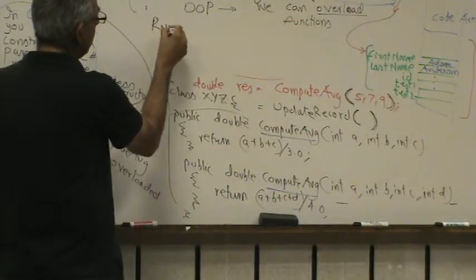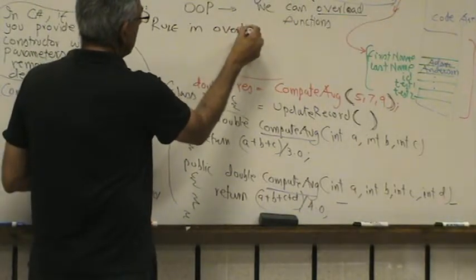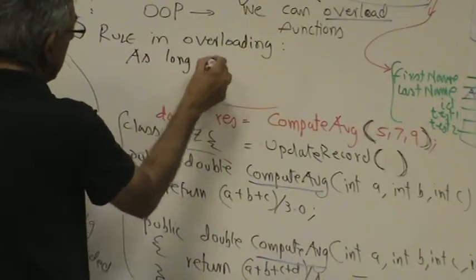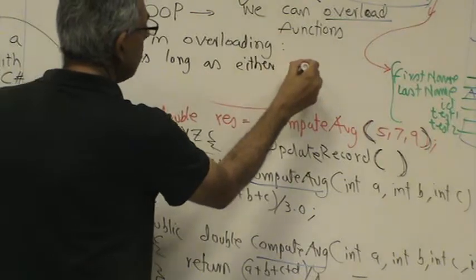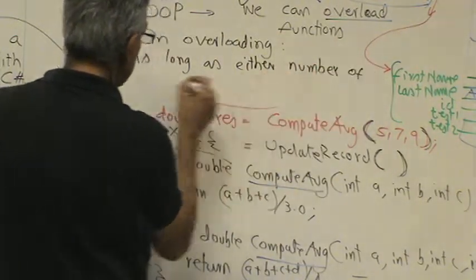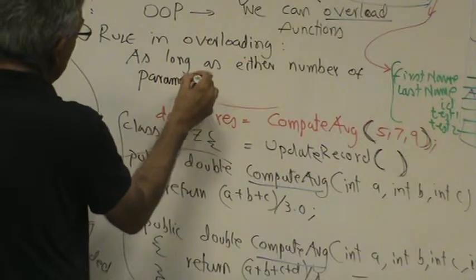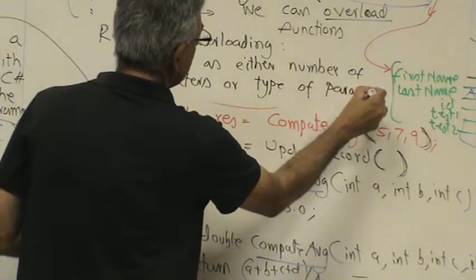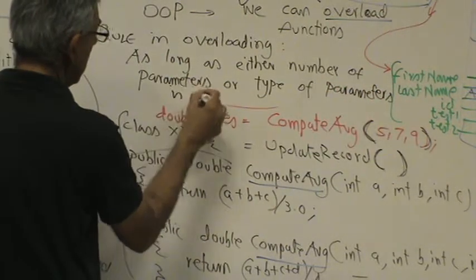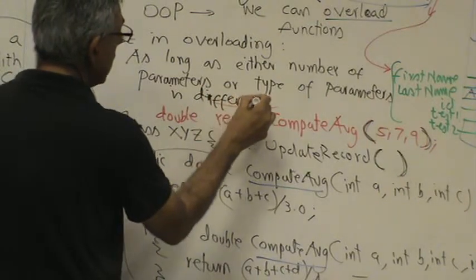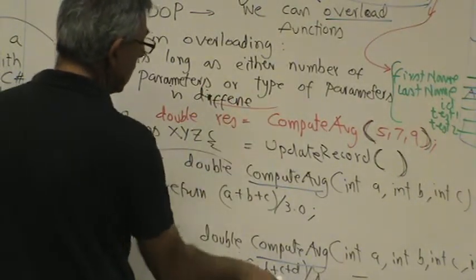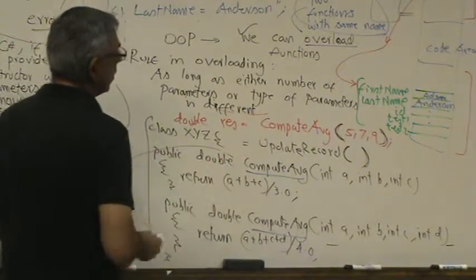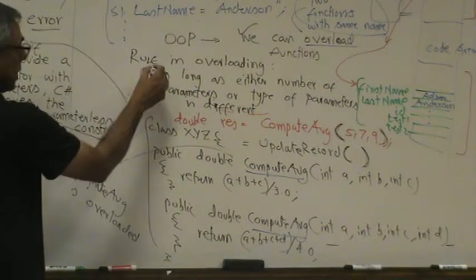So the rule in overloading is, as long as either the number of parameters or the type of parameters is different, then you can overload it as many times as you feel like. So that's the rule in overloading.